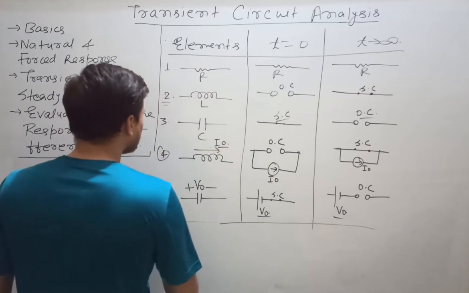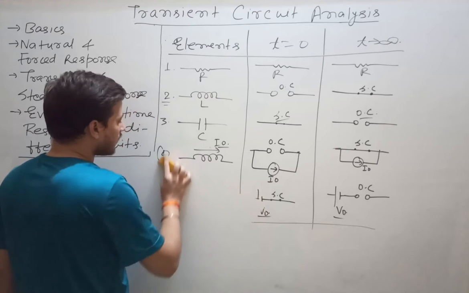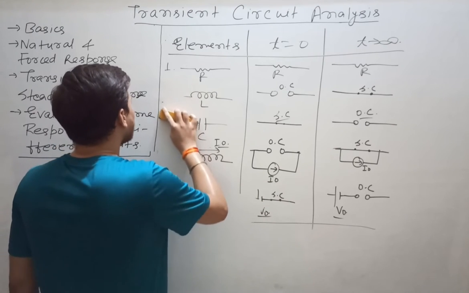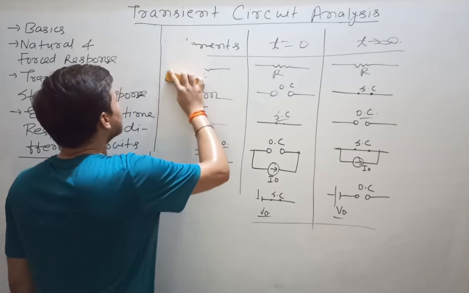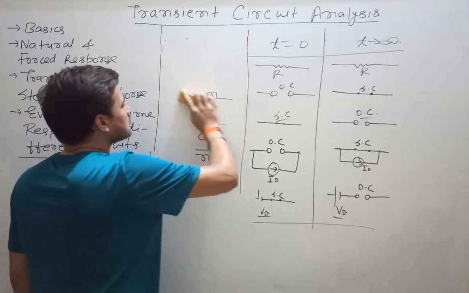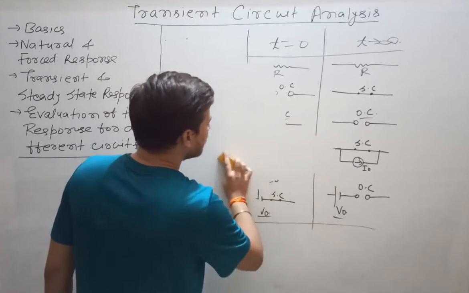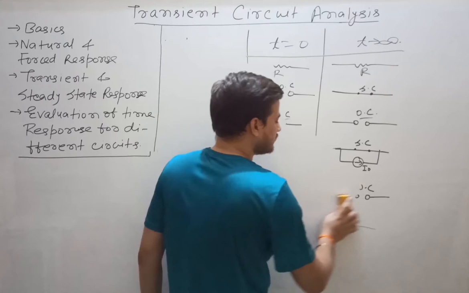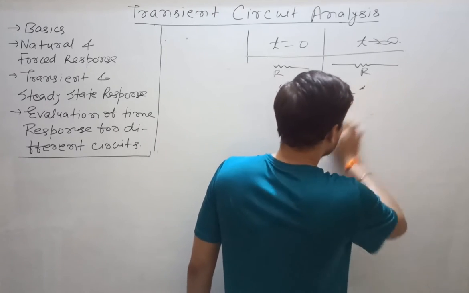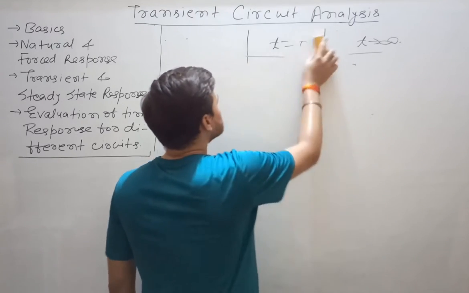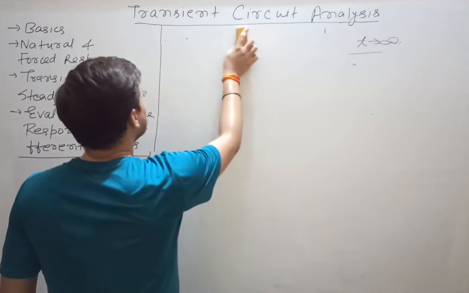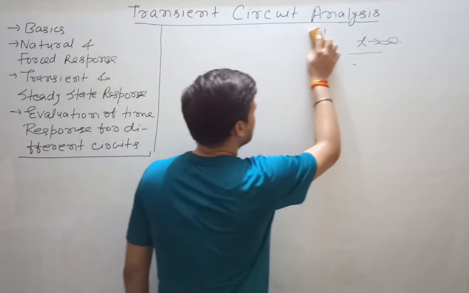Now you can write one statement. Please note that inductor acts as open circuit when time t is equal to 0, and inductor acts as short circuit when time t tends to infinity.